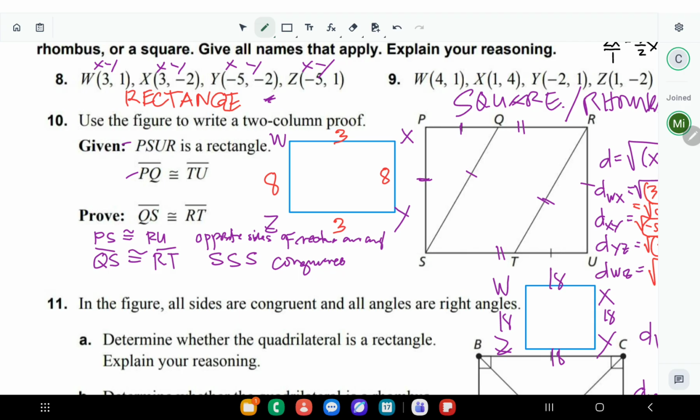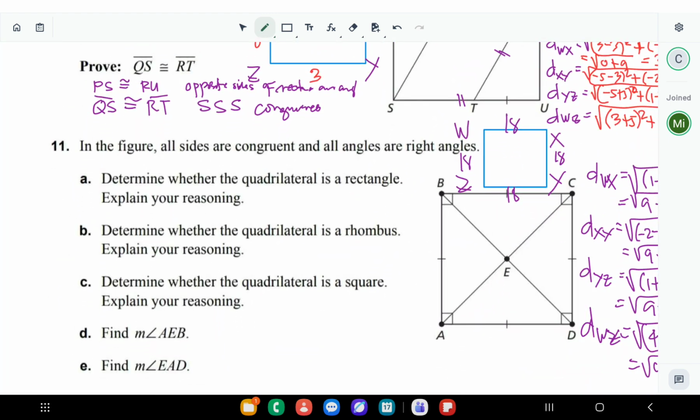There's no angle given, so you cannot say SAS. We're only given sides.